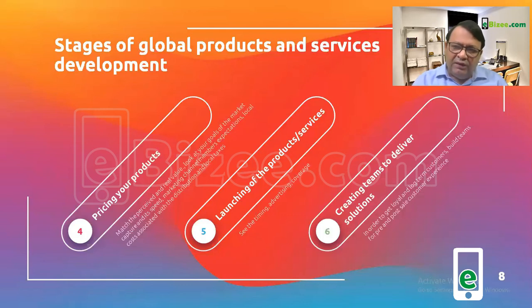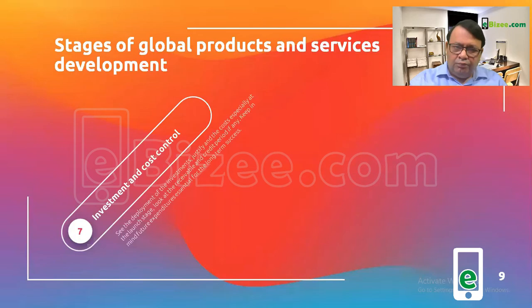So you have to create that kind of architecture. So in order to consider the consumer behavior of the customers, and to get loyal and long-term customers, you need to build teams for pre and post sales customer experience. How you design that is all part of the development of globally accepted products.